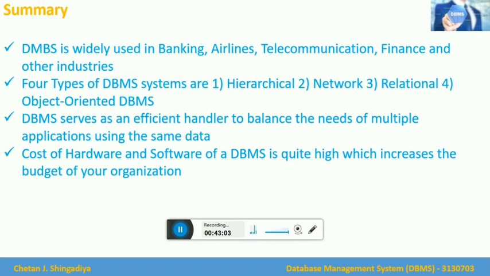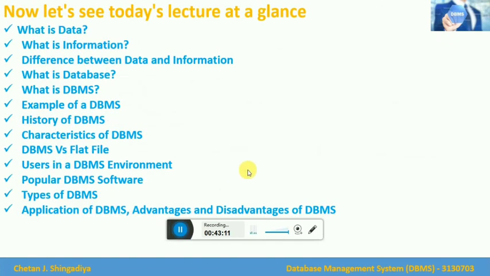So this is the introduction of database management system. So friends, let me recap the topics that we covered during this video lecture. What is data? What is information? Difference between data and information. What is database? What is DBMS?